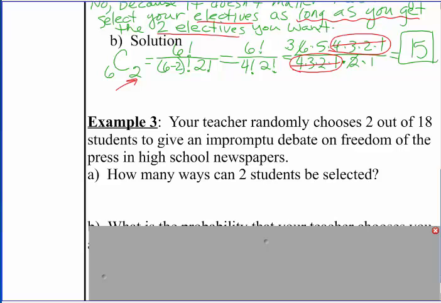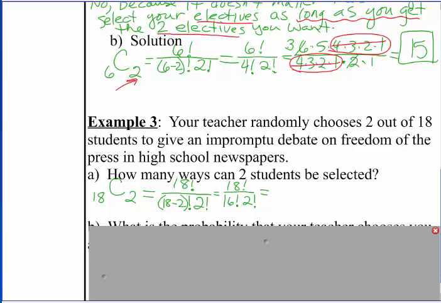So we have 18 students in the class. The teacher is choosing 2 students to give the debate. So when we set up our formula, 18 factorial on top, divided by 18 minus 2 factorial on bottom, times 2 factorial. So then that's 18 factorial, 16 factorial, 2 factorial. As I did with the permutations, we're going to take a look at this and use a shortcut.